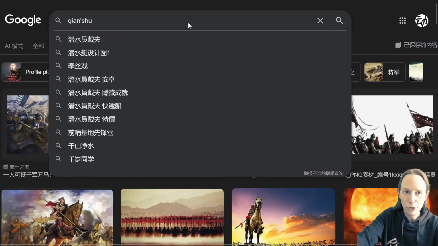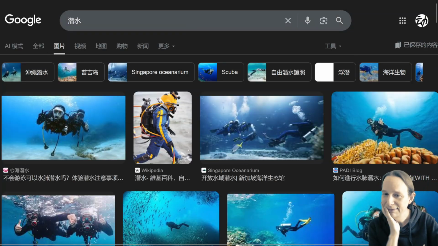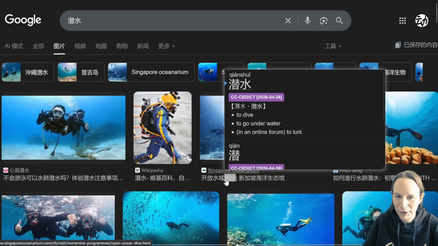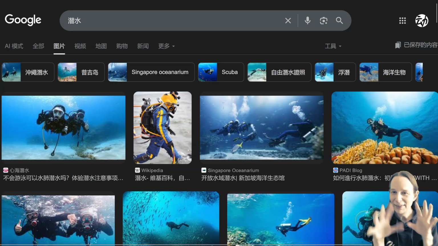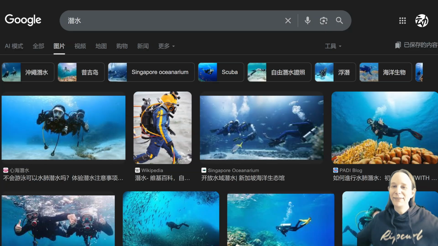So 潜水. 潜水 is underwater, or in this case, diving underwater. So if something's underwater, it's not out of the water being realized kind of thing.